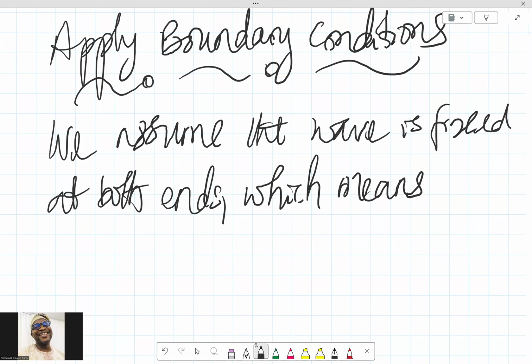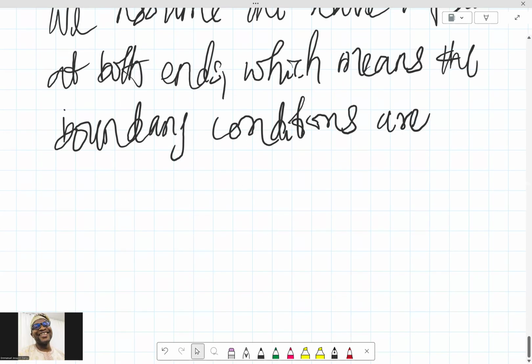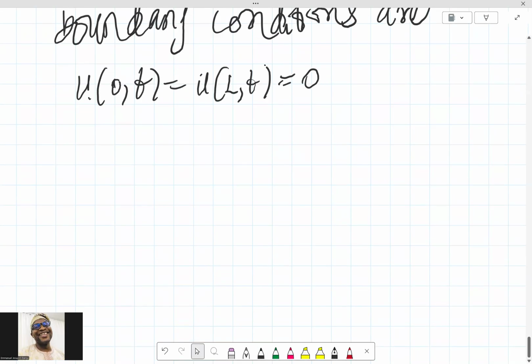Which means the boundary conditions are u of 0 comma t equals u of L comma t, and that is equal to 0.